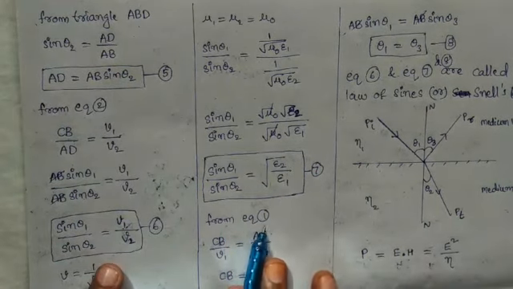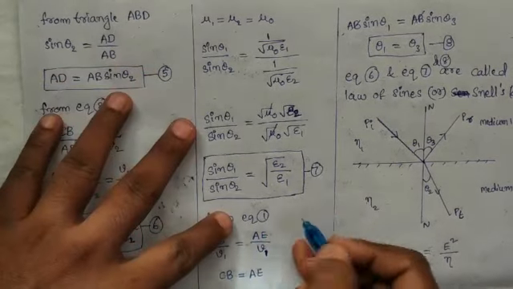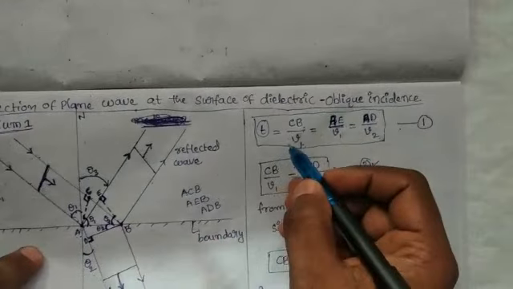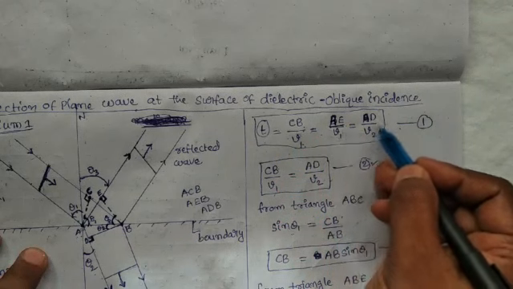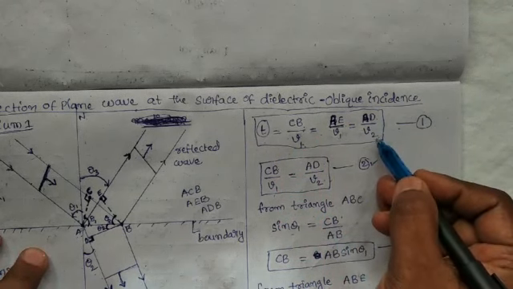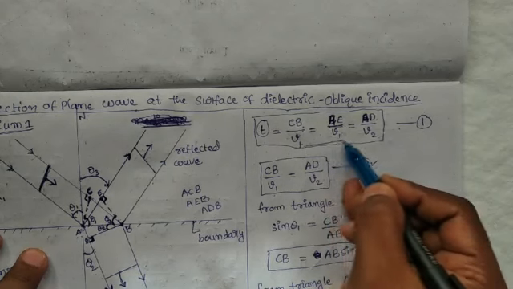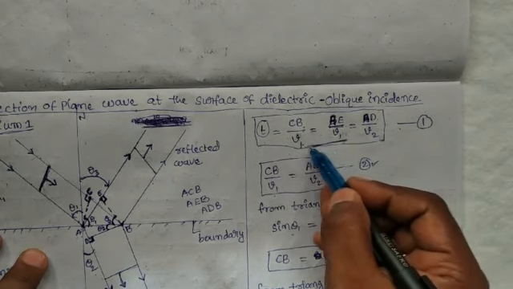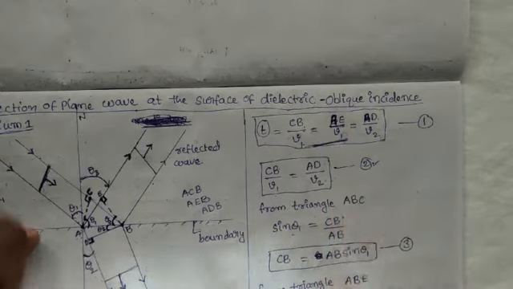Here from equation 1, what is equation 1? From equation 1, here CB by V1 is equal to AE by V1 is equal to AD by V2. Here from this equation we are equating the first two terms. CB by V1 is equal to AE by V1 it is.